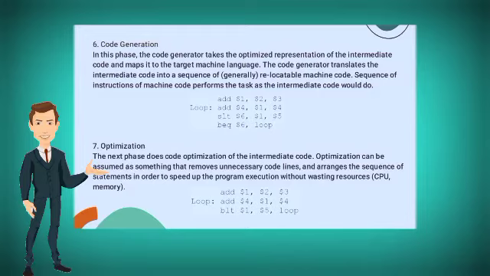Seventh, optimization. The next phase does code optimization of the intermediate code. The optimization can be assumed as something that removes unnecessary code lines and arranges the sequence of statements in order to speed up the program execution without wasting resources, CPU, and memory.